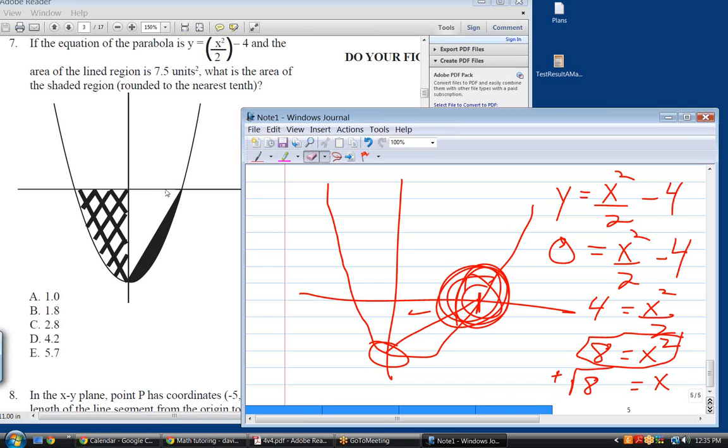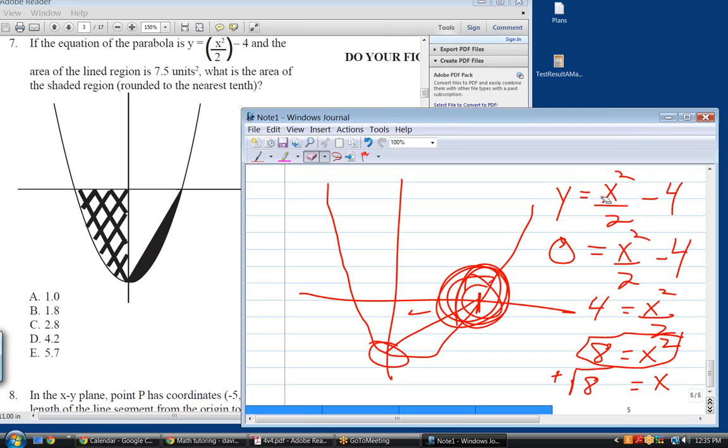Okay. So that's the base of my triangle. Now I have to figure out this point here to figure out the height of this triangle. Well, how do you get the y-intercept? The y-intercept's much easier to get than the x-intercept. It's already in the equation. It's just negative 4. Well, it's not really in the equation, but the y-intercept means x is 0, right?